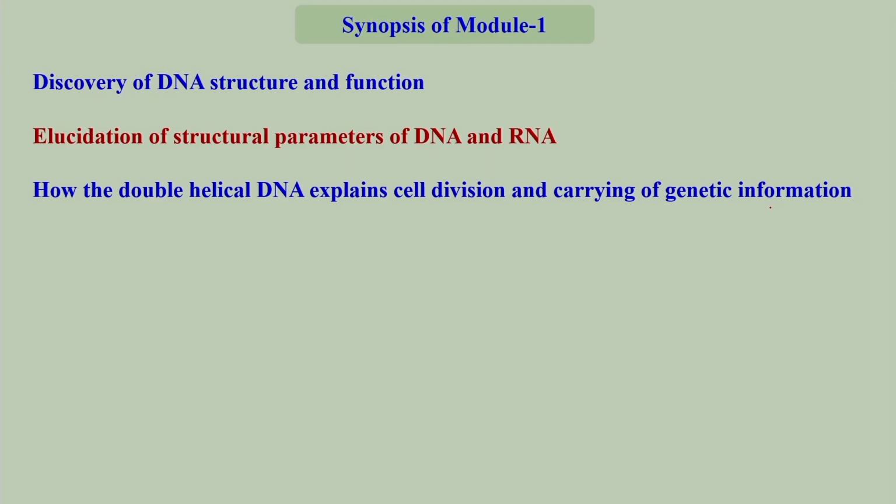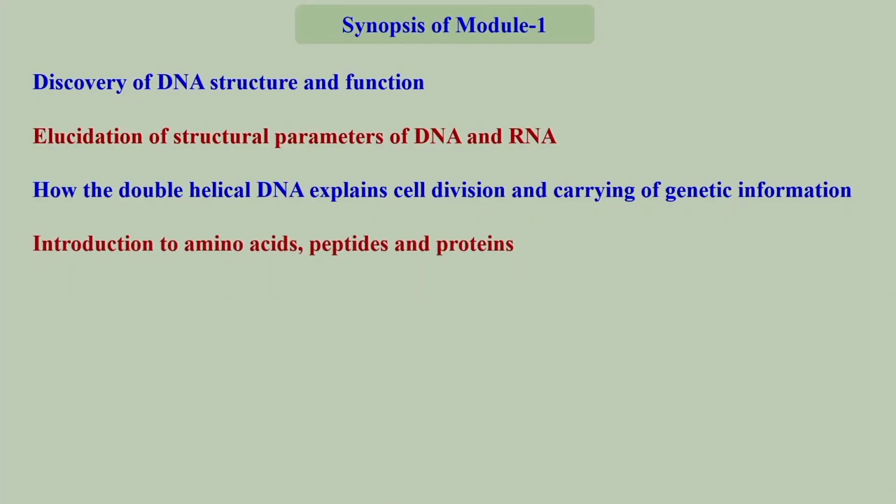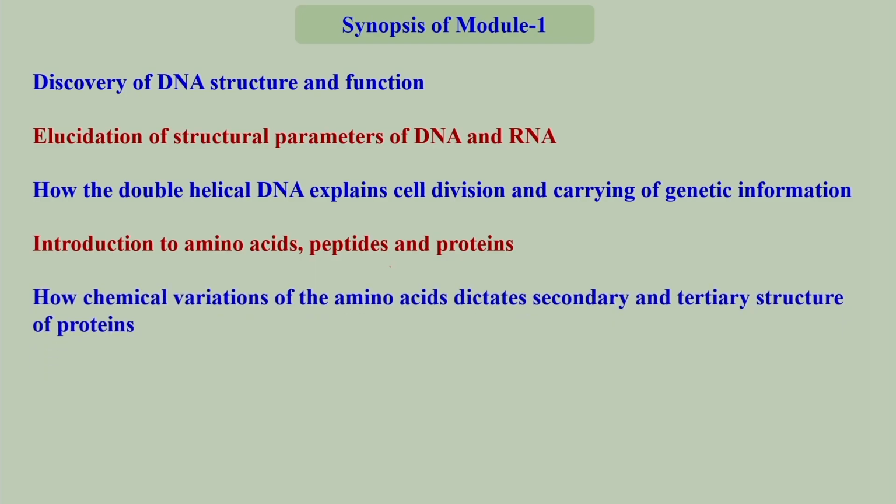How the double strand was able to explain the cell division, how the genetic information is transferred to two consecutive cells at the same time. The same genetic information is passed on to the new cells. And then we have talked about the amino acids, peptides and proteins, the basic structures, how chemical variations of amino acids dictate the secondary and the tertiary structure of the proteins.